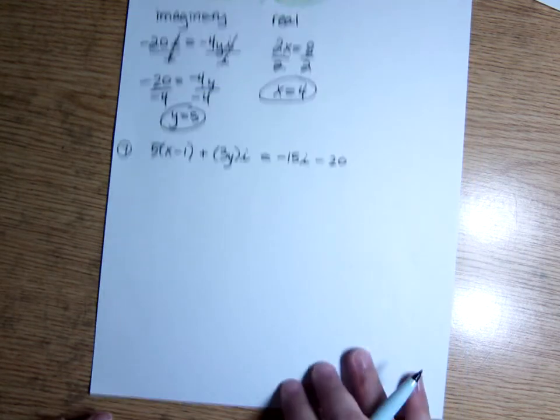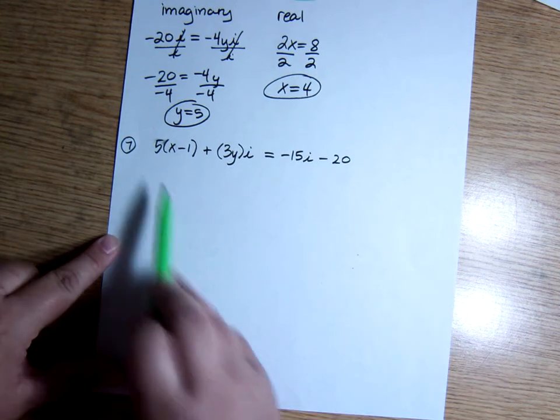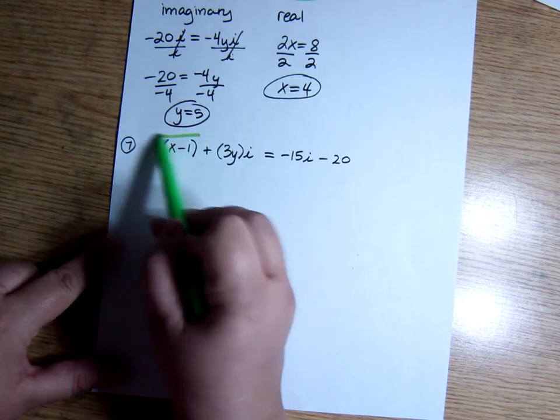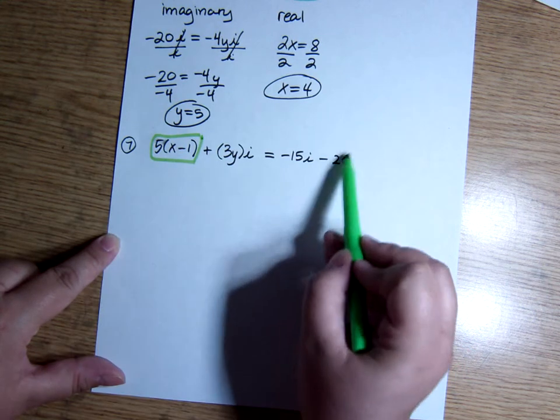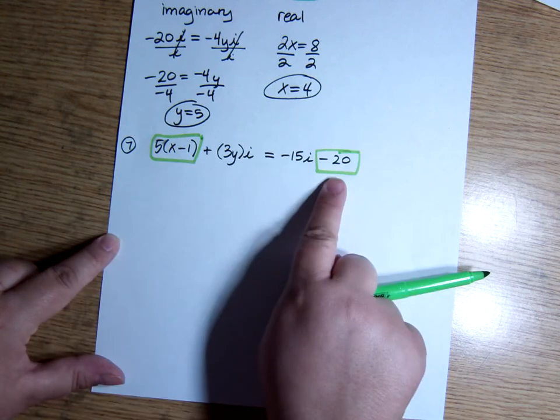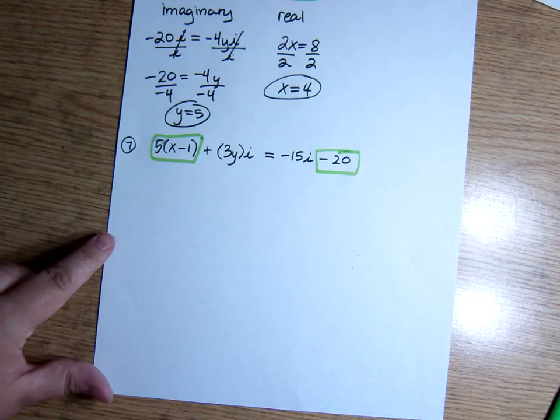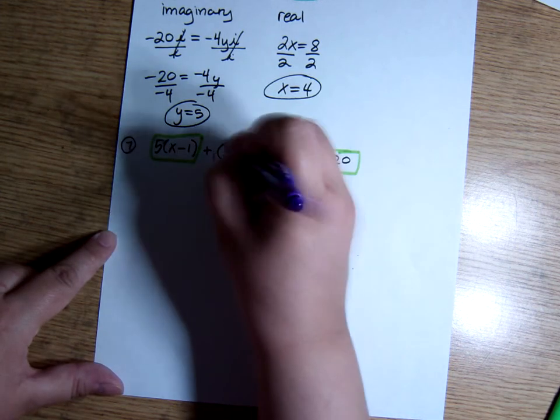Same thing down here. I find the real parts, that's the parts that don't have an i. This term does not have an i. This term does not have an i. Those are the real parts. So I say this real part equals this real part. Then I take the imaginary parts. This is the imaginary part over here.